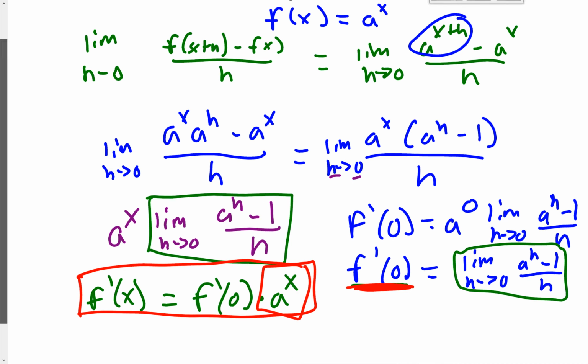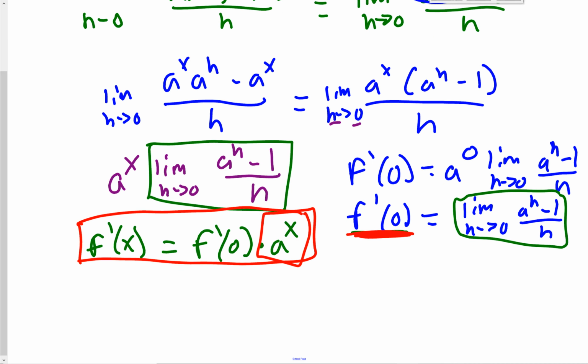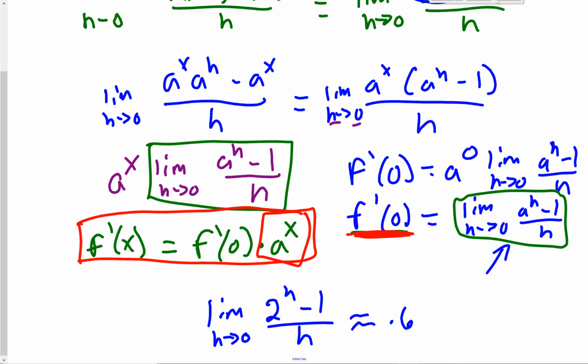So now we need to figure out just what that derivative at 0 is. If you investigate a little bit, you put some numbers in for a. So if I put in 2 and evaluate this as h gets closer and closer to 0, I get closer and closer to this number, 0.69.